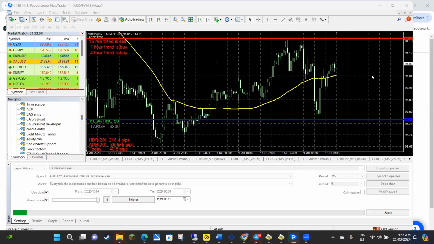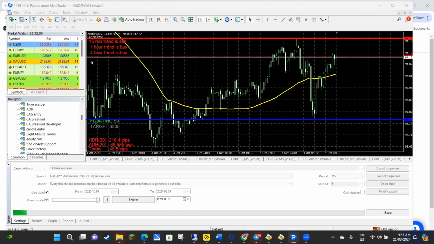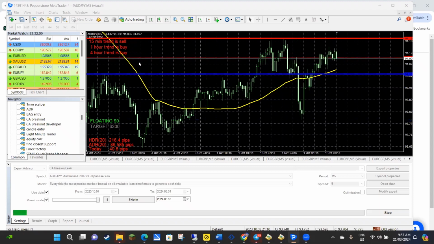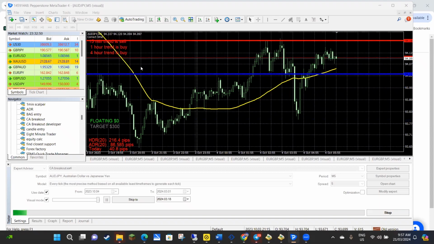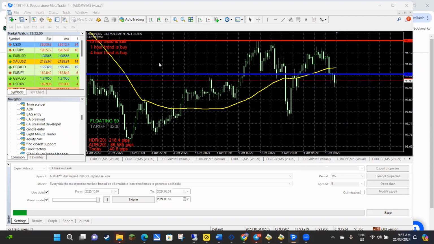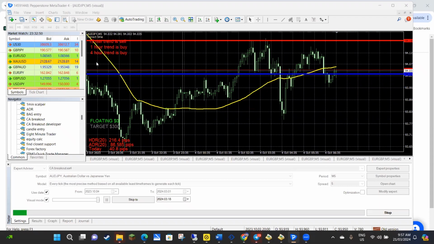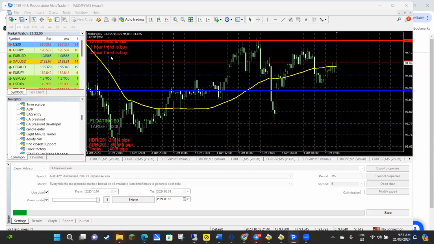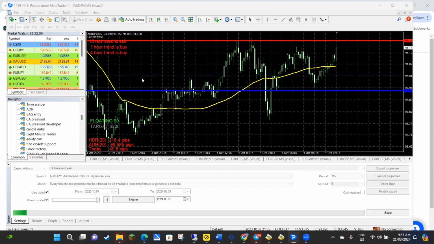So it shouldn't be much longer, if I remember correctly, and all the trends will line up. And that's all because I'm overriding the 4-hour break, the 5-minute range breakout. Then that's all it's going to need. As soon as they change to 3 buys, we should see a buy order come in.